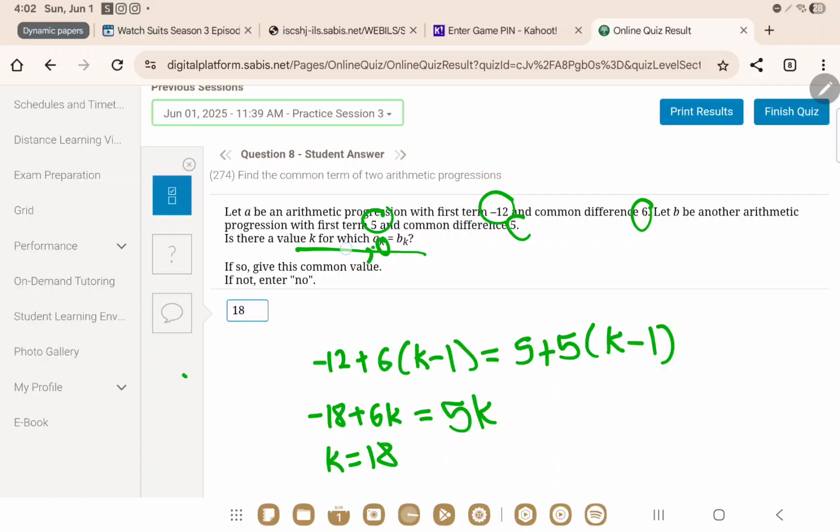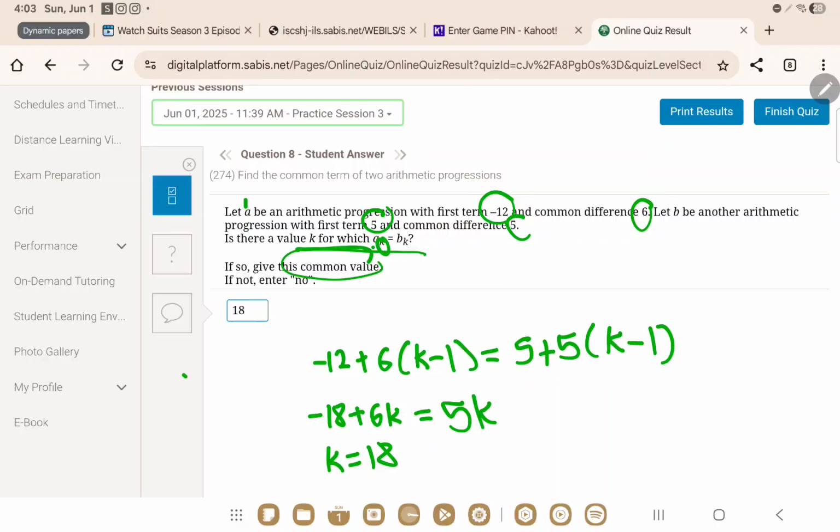What does this mean? This is the common value, which means that when the value of K is 18 in equation A and equation B, you're going to get the same number. Now, be careful. Sometimes they ask you to find AK or find BK.